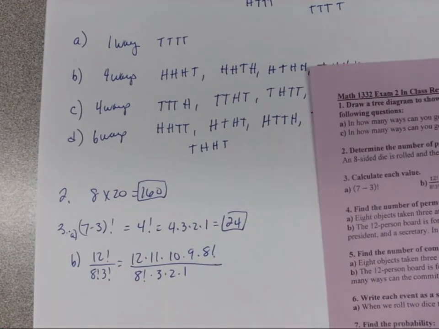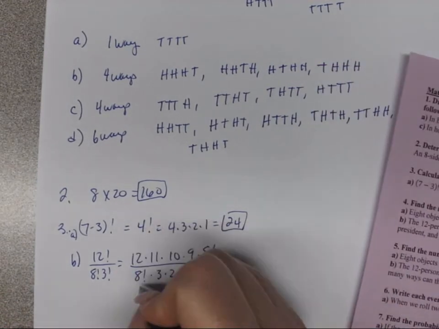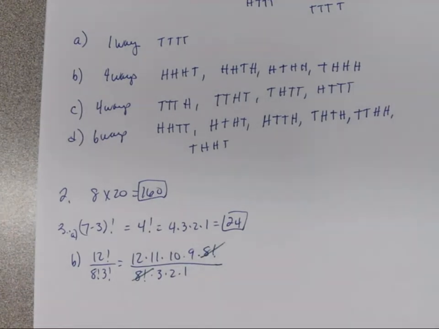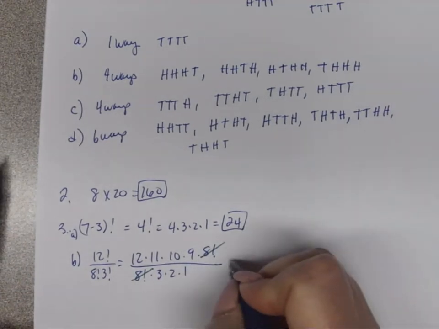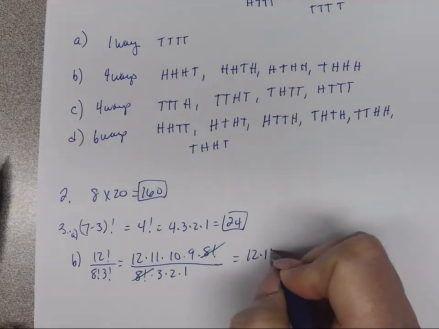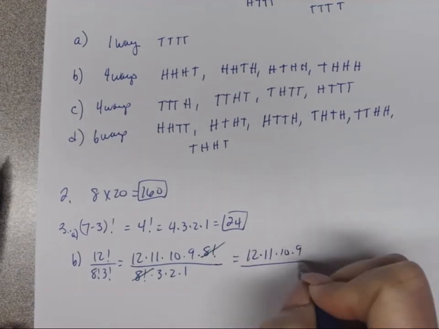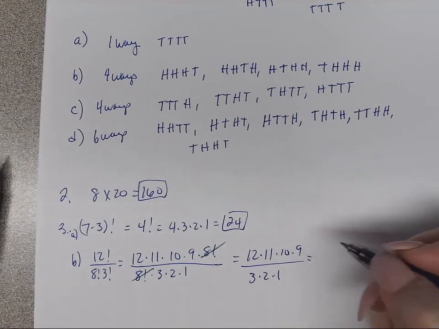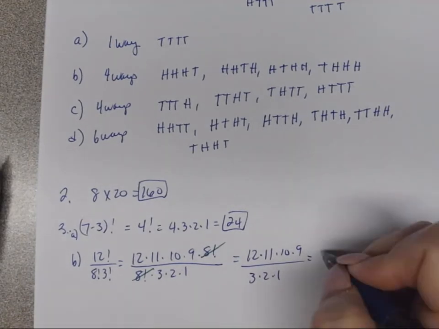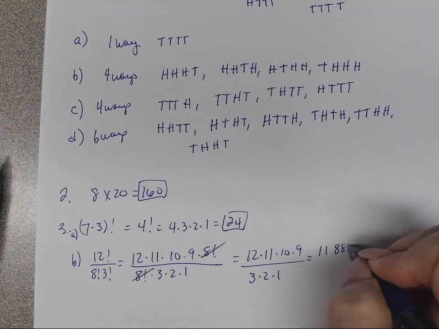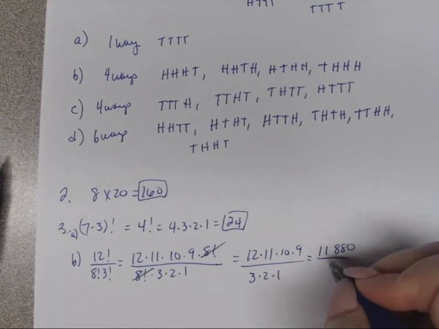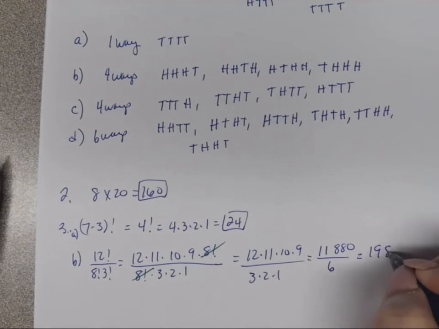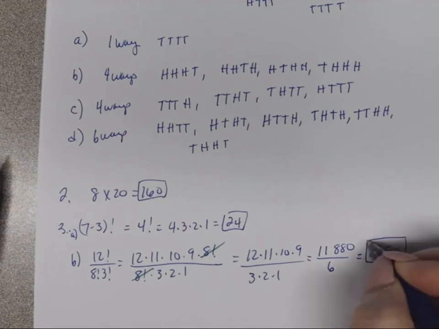Because that way my factorials will cancel. And once I've canceled those out, I can do the multiplication. So this is 12 times 11 times 10 times 9 over 3 times 2 times 1. When I multiply the top, I will equal 11,880, and on the bottom, 3 times 2 times 1 is 6. And when you divide that out, you get 1980.